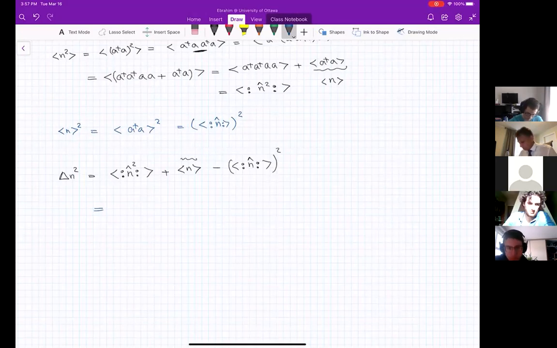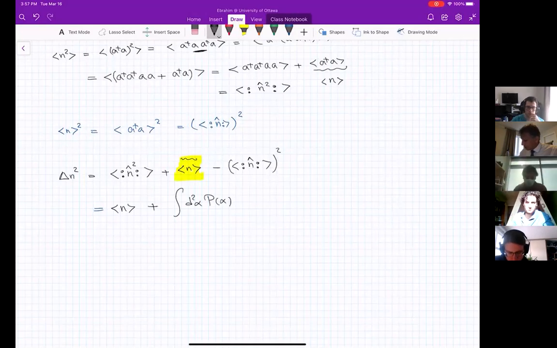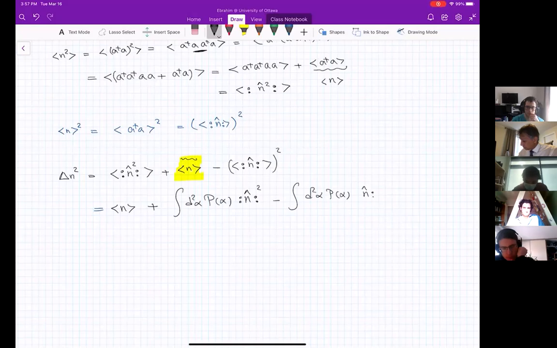The Glauber, exactly. So what I get from here, I will move this n to the beginning. So n is here, plus the integral of d2 alpha P(alpha), then n squared in normal order, minus the integral of d2 alpha P(alpha), and normal order.